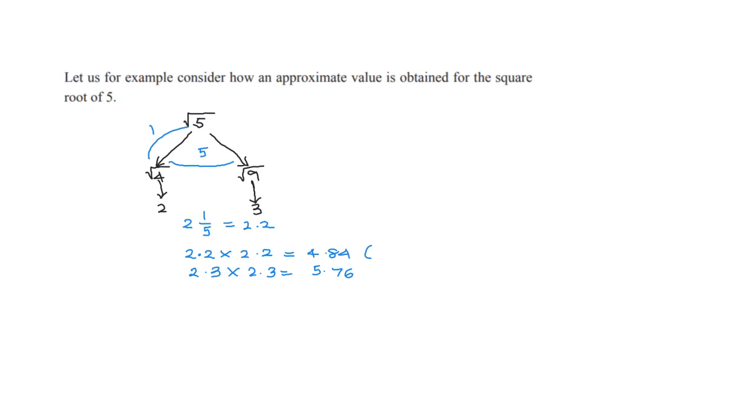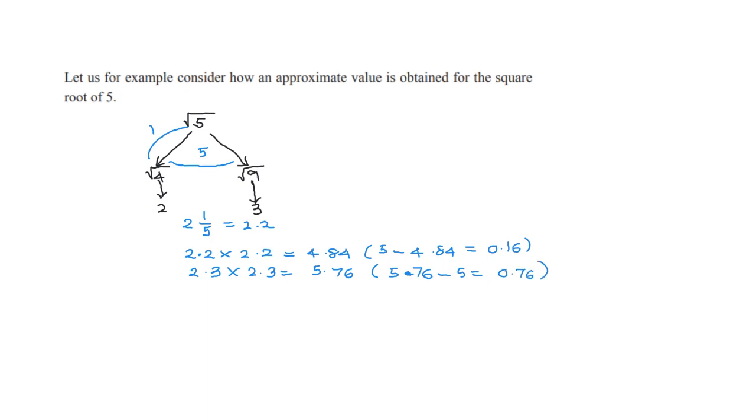For that, we have to check the gap there. 5 minus 4.84 is equal 0.16. Then 5 minus 5.29.